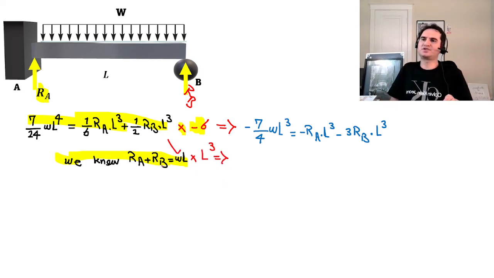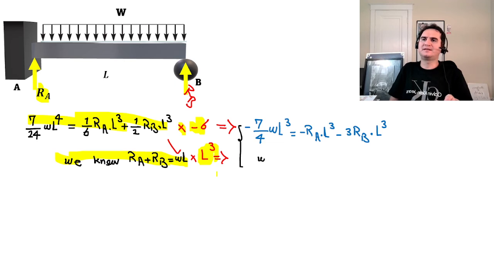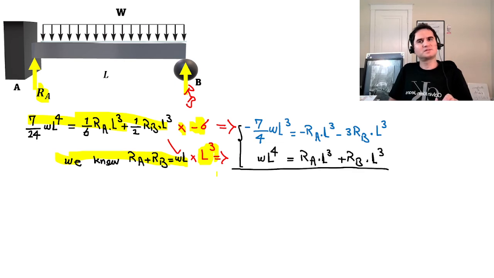So if we combine this with the equilibrium equation, we can get a set of equations to solve.